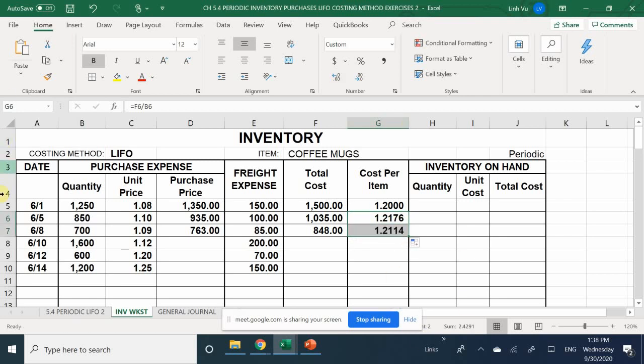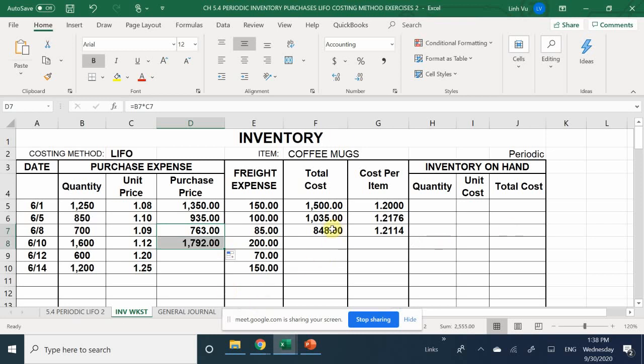Okay, cool. Then on June 10, we purchased a total of 1,600 units at $1.12, and this time our freight cost us $200. So what is my total purchase price for that? $1,792.